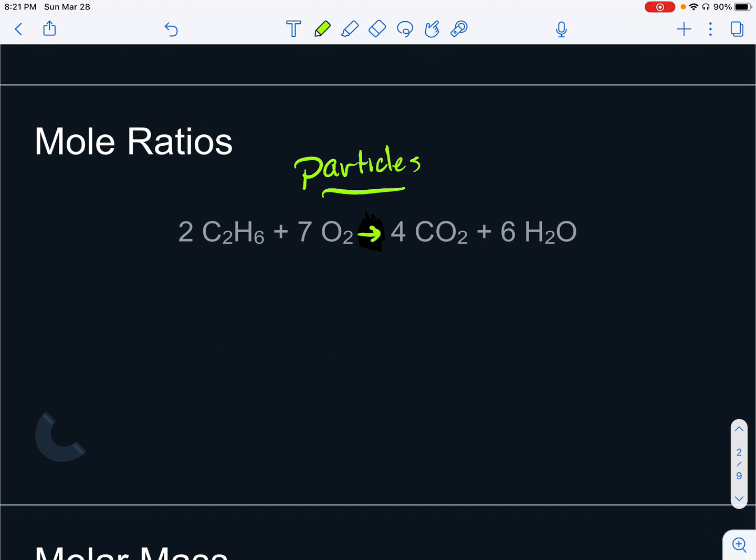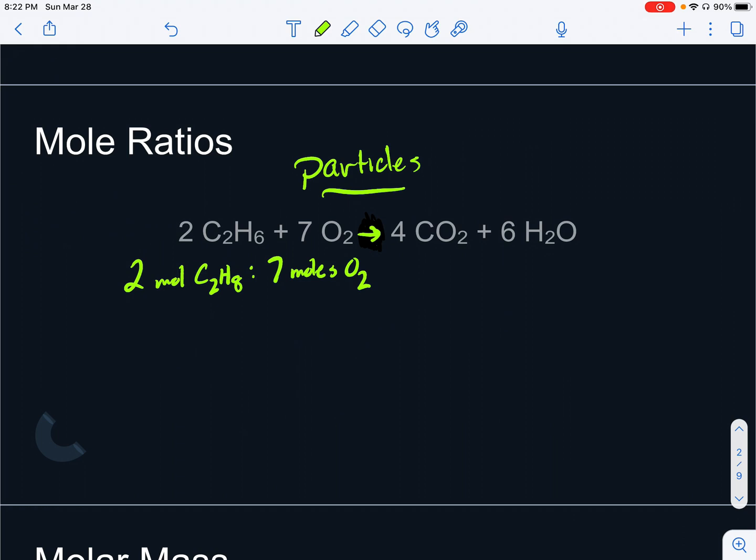So if I said, like we've been talking about, what is the ratio of ethane to oxygen in terms of moles, you could say that it's 2 moles of ethane to 7 moles of oxygen. The colon notation is one way to express a ratio.